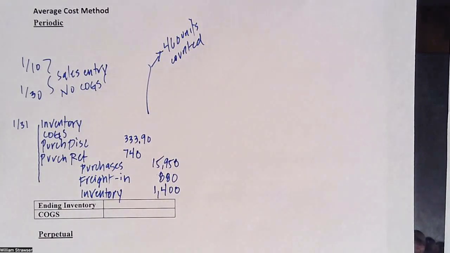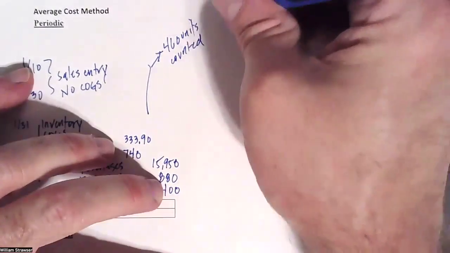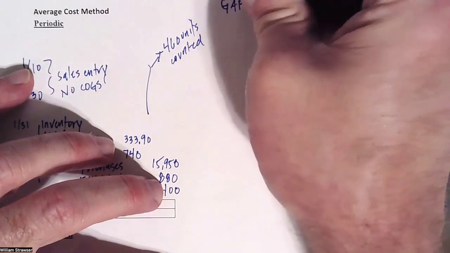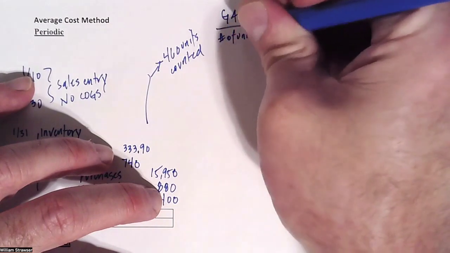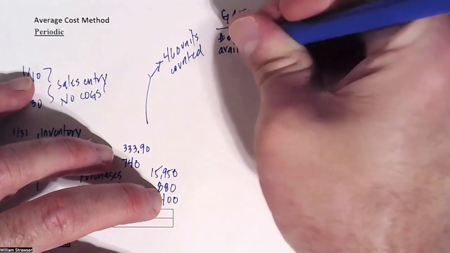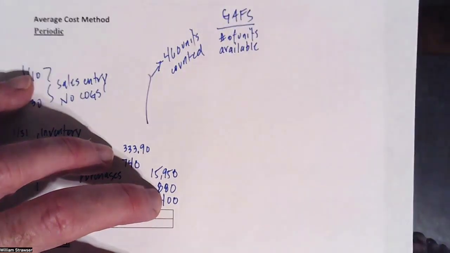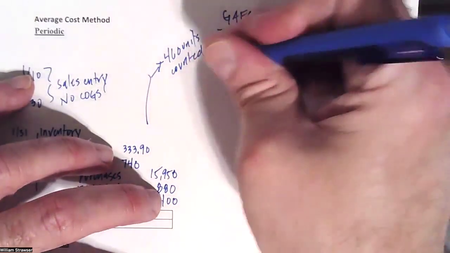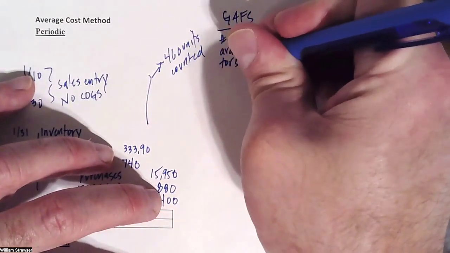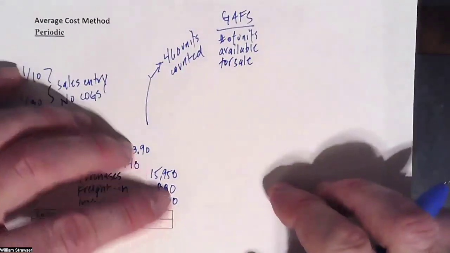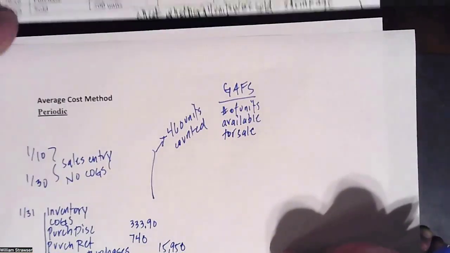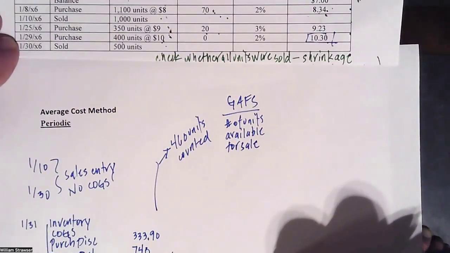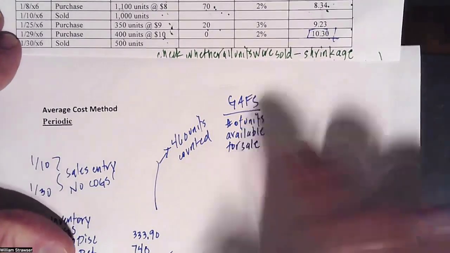So the way we're going to do that most easily is to calculate goods available for sale, GAFS, and divide it by the number of units available for sale, which means we have them or we purchased them and we did not return them. Right? Because remember, we're doing this at the end of the month for all units. So technically all the units that were available during the month, even if they were just purchased on January 29th, still go into this calculation.